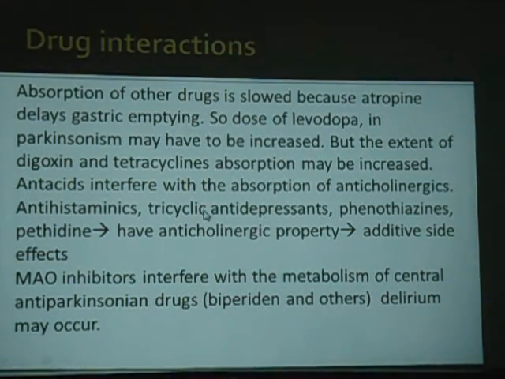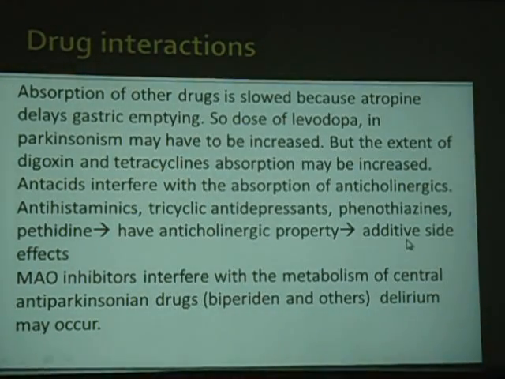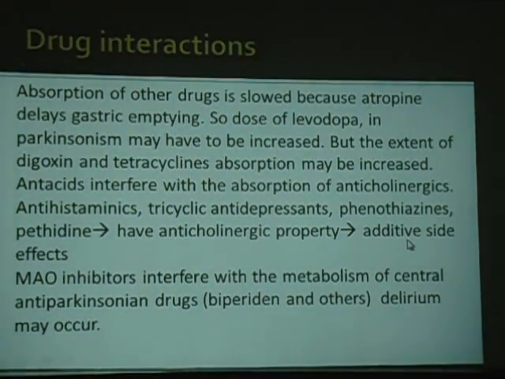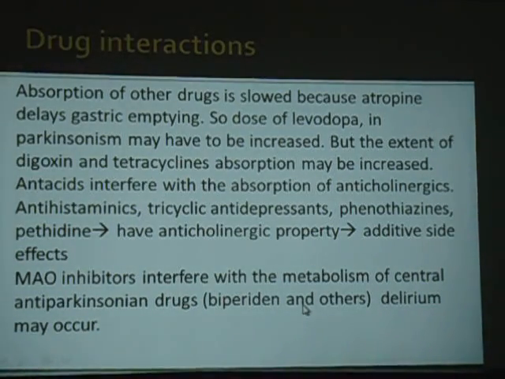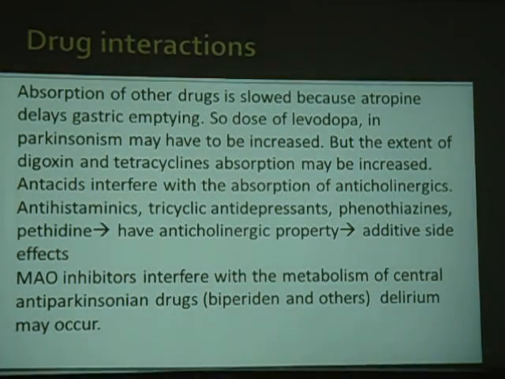So antihistaminics, tricyclic antidepressants, phenothiazines, pethidine, all have anticholinergic properties. So when we are using them together, there can be additive side effects. MAO inhibitors inhibit the metabolism of these anticholinergics and others. So when the metabolism of these anticholinergic drugs is not done, what can happen?